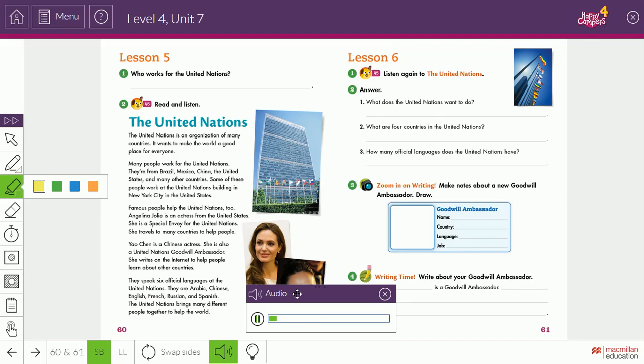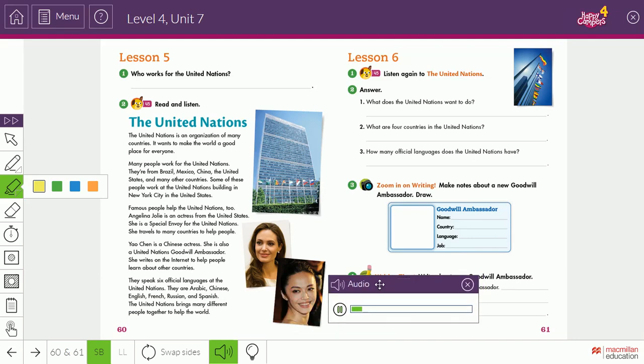The United Nations. The United Nations is an organization of many countries. It wants to make the world a good place for everyone. Many people work for the United Nations. They're from Brazil, Mexico, China, the United States, and many other countries.